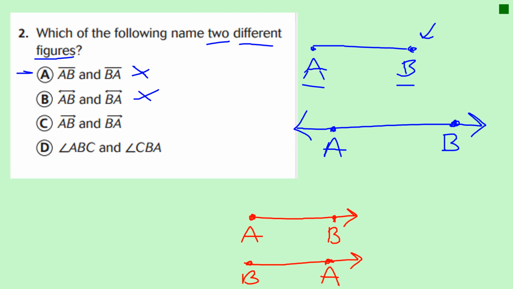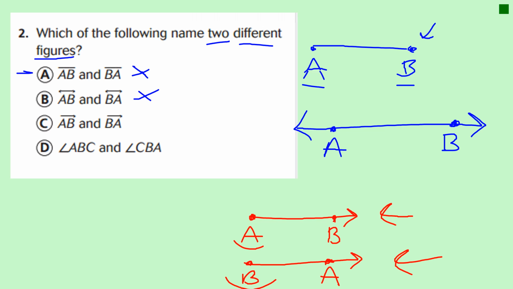Uh-oh. Can you just flip-flop on a ray? The beginning point of the ray is A in this figure, and the beginning point of the ray here is B. So if we had to find that ray and someone said, oh, it's ray AB, I would only be looking for that one. I wouldn't be looking for that one as ray AB.